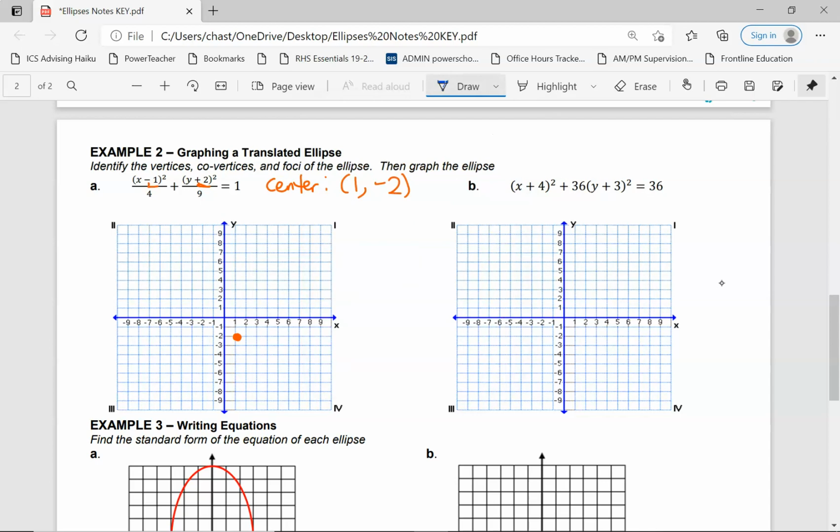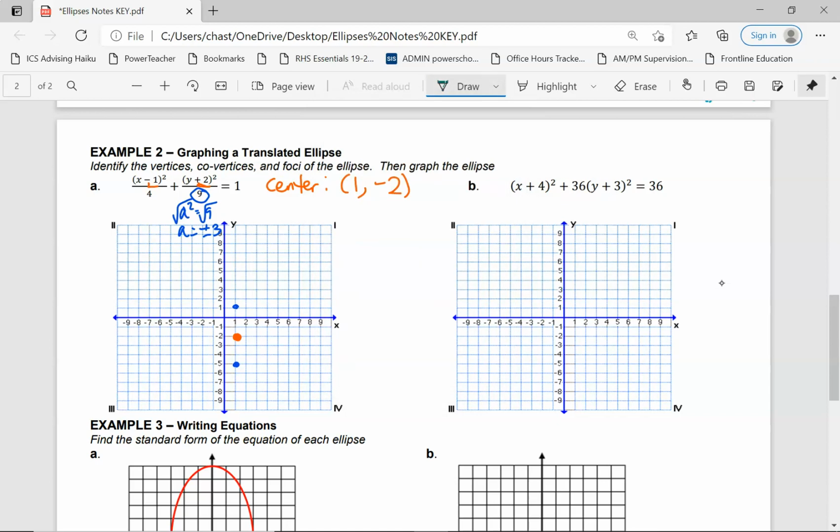Now, looking at my larger number, it's underneath the y, so I know it's going to be vertically that I will have my major axis. So we know that a squared is 9. So that means that a is plus or minus 3. So I'm going to go up 3 and down 3 from that center I plotted.